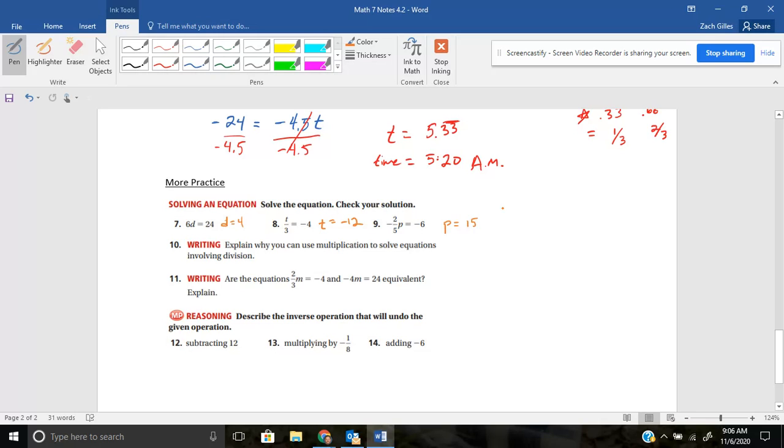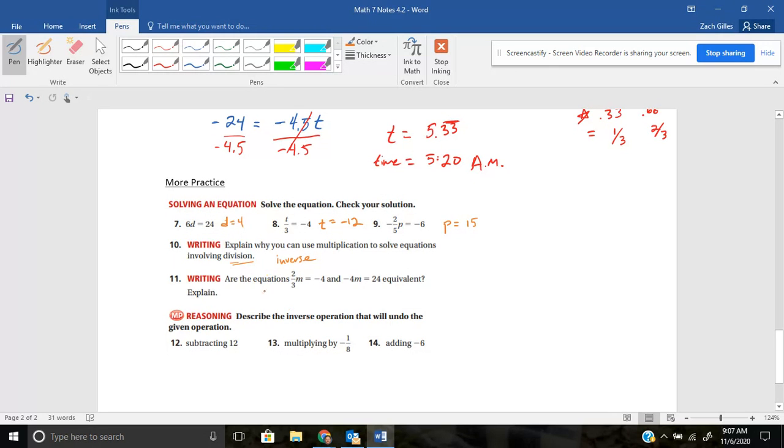For number 10, it says, explain why you can use multiplication to solve equations involving division. Well, that's because multiplication is the inverse of division, and we can undo whatever is being done to our variable to solve for that variable.